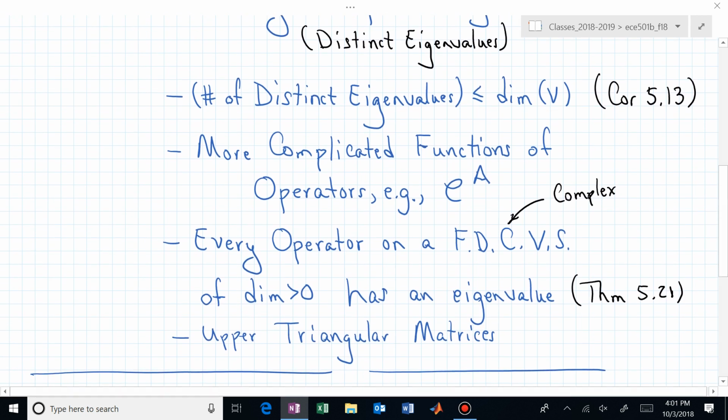Corollary to that is Corollary 13, which says that the number of distinct eigenvalues of this operator is less than or equal to the dimension of V. It can't be bigger than V is basically what that's saying. You might just have one eigenvalue for a 10 by 10 matrix or a 10 by 10 operator. What would that look like?